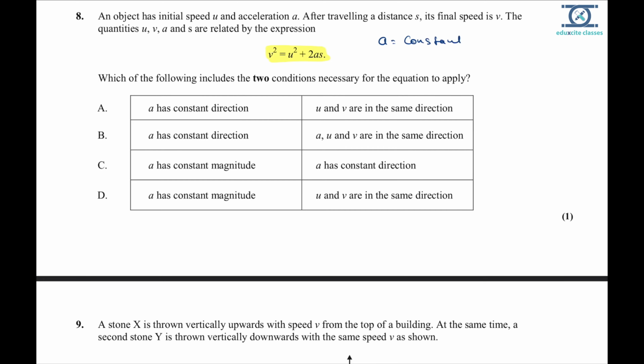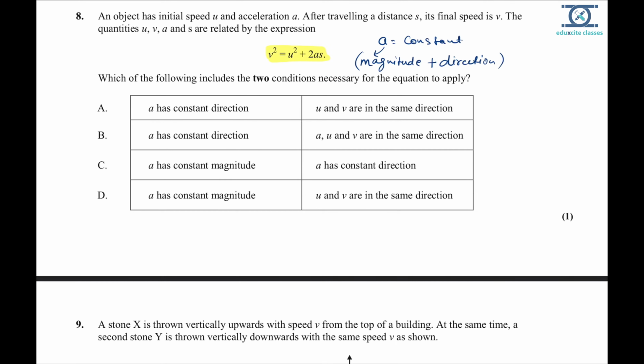When I say acceleration is constant, it means the magnitude as well as, because it's a vector quantity, the direction, both are supposed to be the same. If any one thing is changing, then we cannot use this equation, or if direction is changing, then you have to use it twice, once for one direction and once for the other direction.